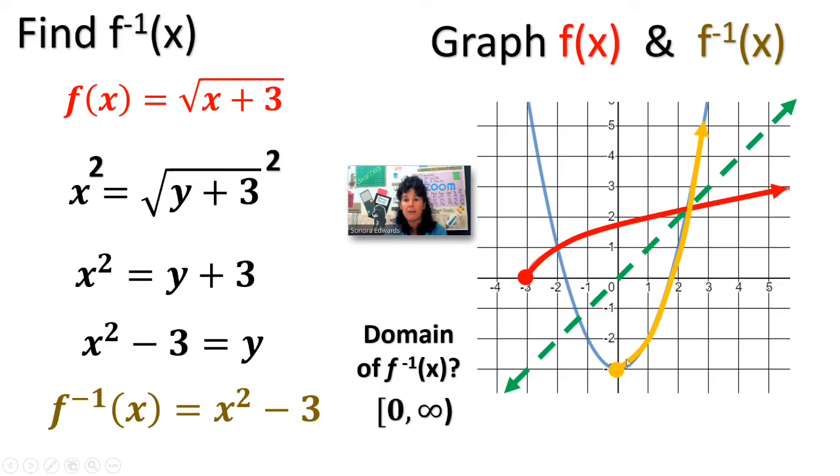Graph both the f and f inverse on the same graph and see if you need to leave some of the graph of, in this case, y equals x squared minus 3, leave it off so that when you leave that piece off, this is the reflection of the original.